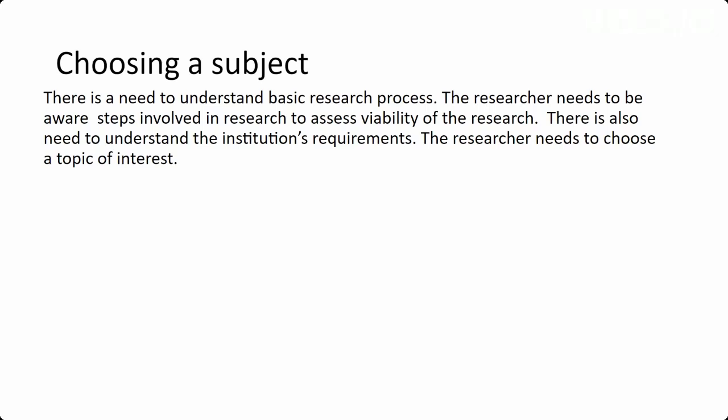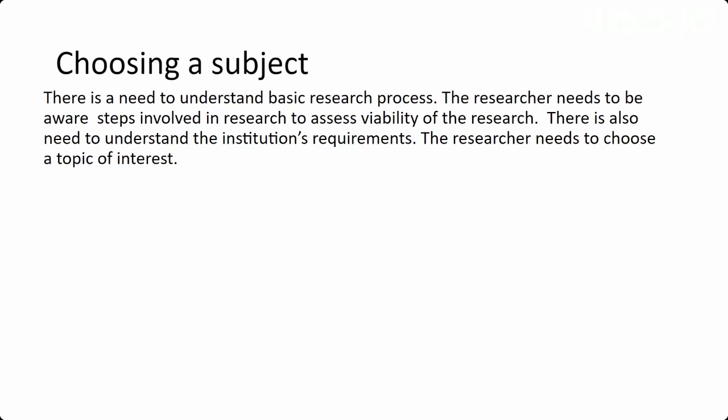There is also a need to understand the institutional requirement. Most researchers belong to an institution or a research department in general, or even a university, a college, and there are guidelines on which that institution will want the research to be presented.